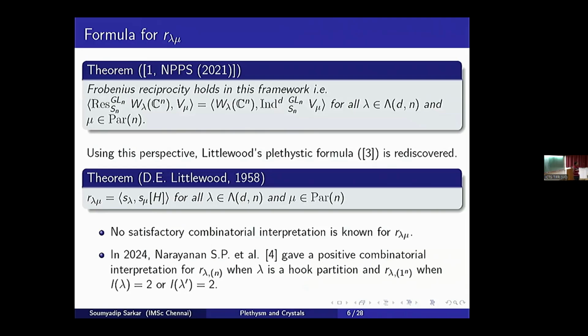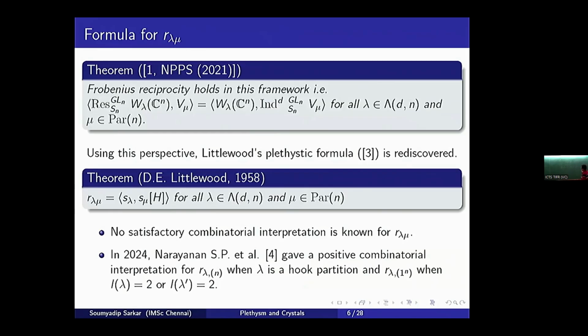Littlewood gave this formula that R_lambda,mu is given by the Hall inner product of s_lambda and s_mu plethysm capital H. So maybe I should write what capital H is. s_lambda is the usual Schur function, but capital H is this: you take the sum of all h_d, where h_d is the complete symmetric function of degree d.